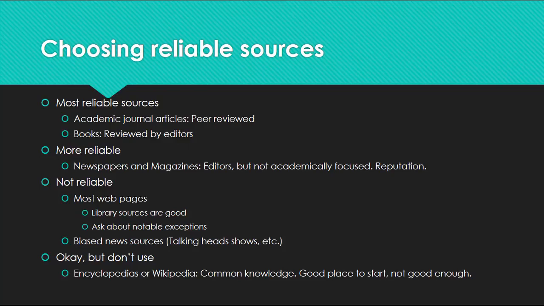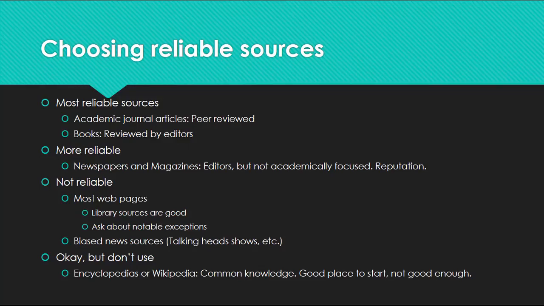Not reliable things: most web pages, most things you find on the internet, unfortunately, are not reliable and they should not be used for academic papers. With that said, the material you get from your college or university's website, library website, those academic articles you get through the library, they are good.